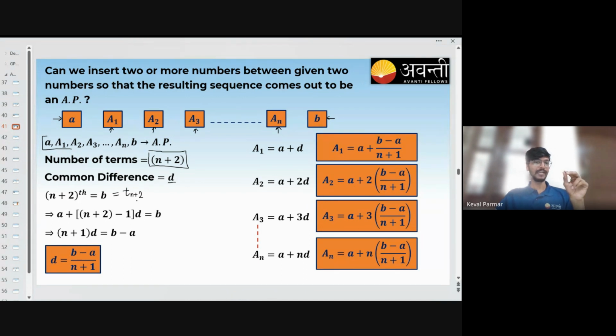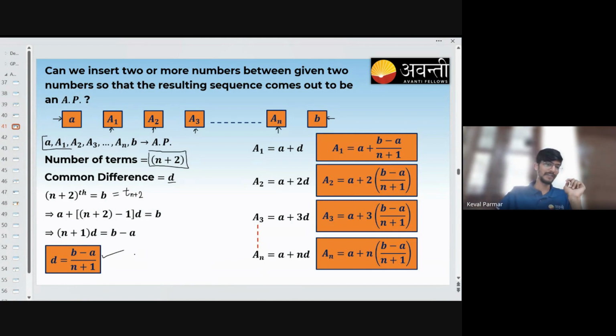Now, if I use the formula of Tn+2, I'll get D equals B minus A upon n plus 1. So in this question, we can directly remember D. D is the common difference when n arithmetic means are inserted between two numbers.